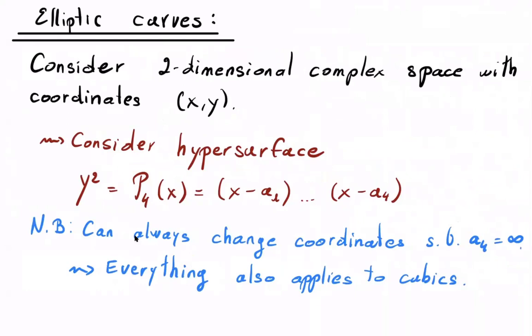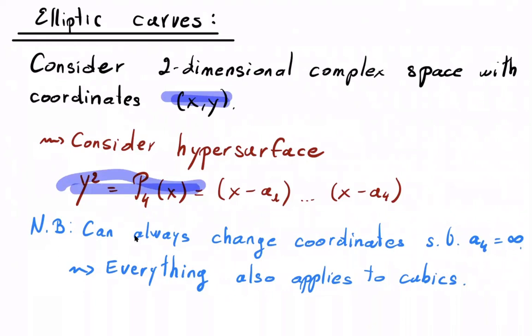So what is an elliptic curve? An elliptic curve, the naive way to think about it is as follows. Imagine you consider the set of points x, y that are solutions to a polynomial equation of this type: y squared equals a polynomial of degree 4.